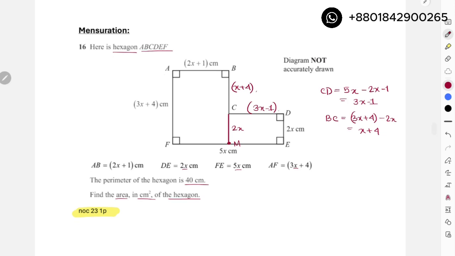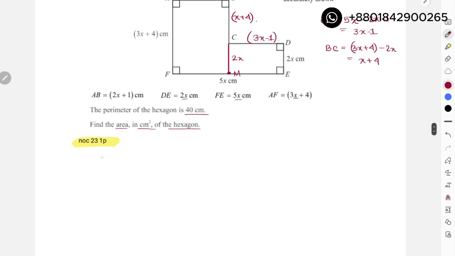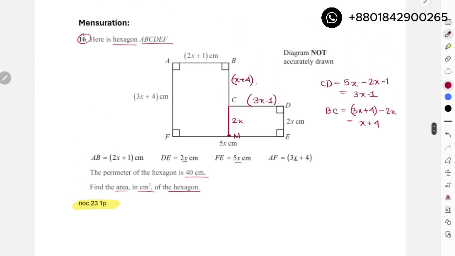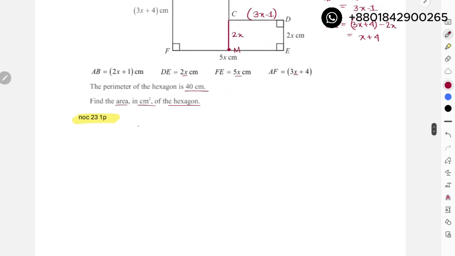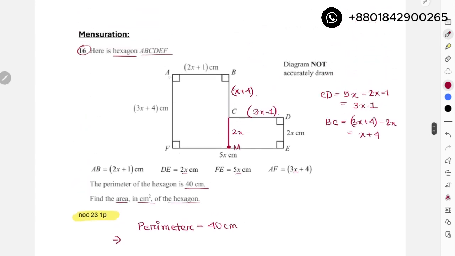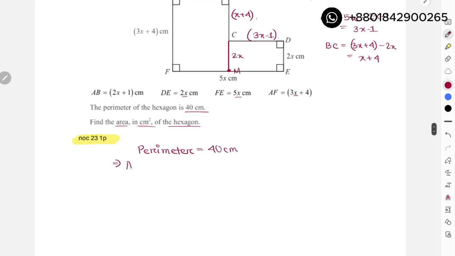And this is it. After this, we will start solving question 16. First thing I know over here is the perimeter is equal to 40 centimeters. And what will be the perimeter here? AB, BC, CD, DE, EF, and AF, right? These are all the lengths. So I'll just write down the lengths first.